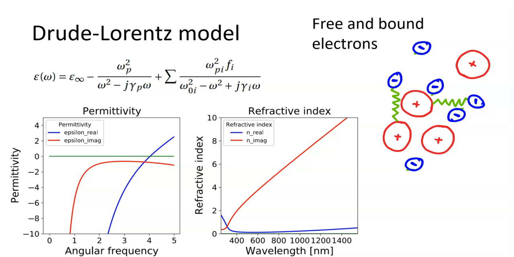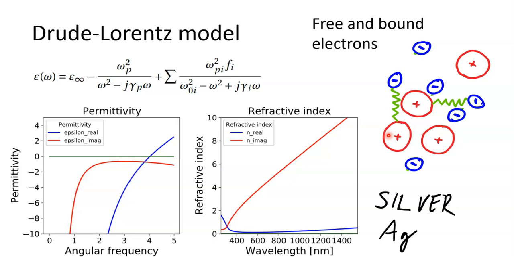We can also combine different models. For example, several metals follow well a so-called Drude-Lorentz model. In this case, we have both bound and free electrons. Permittivity and refractive index for silver are shown in the figure.